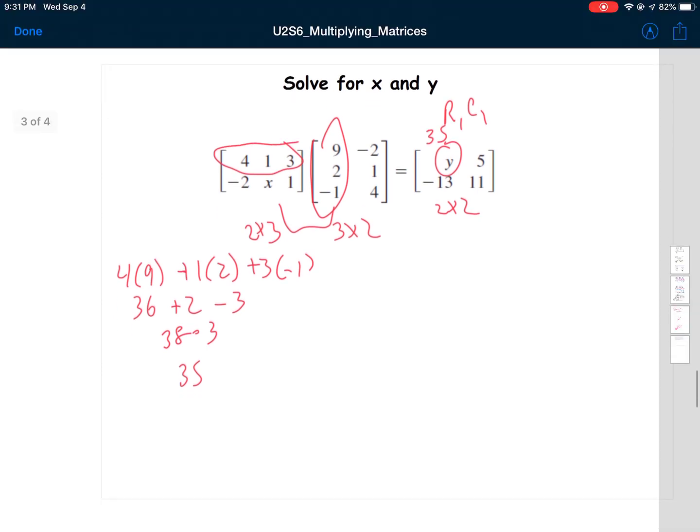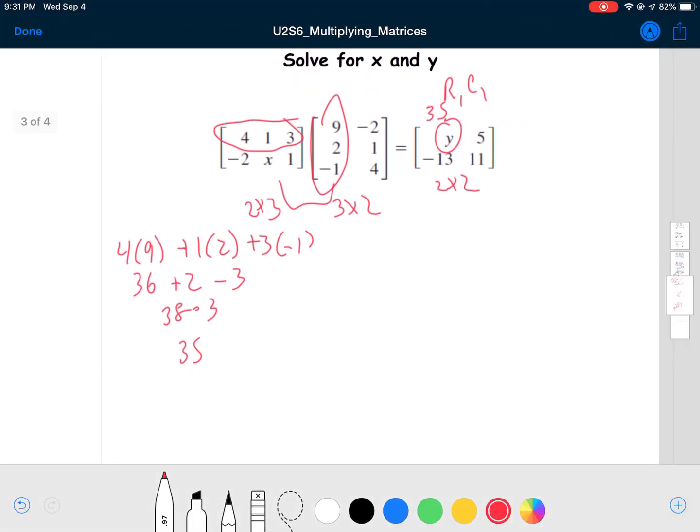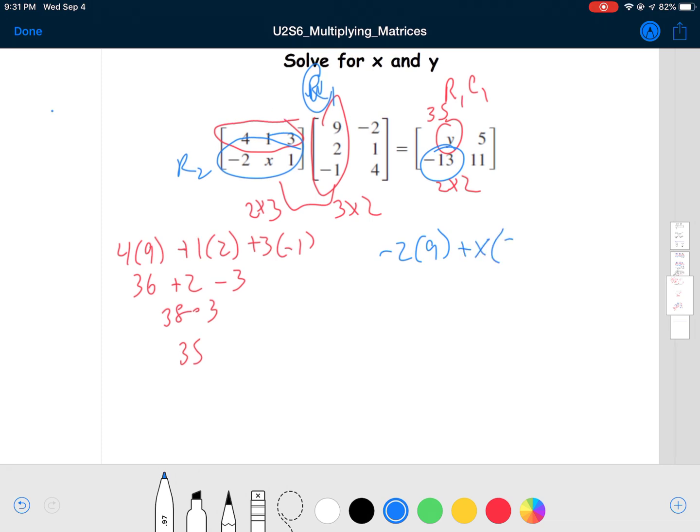Okay. If I want to find x, a number of different ways, but I think of it this way. This is in row 2, and this is column 1. So what I'll do is I'll take the answer that was in row 2, column 1. So that's negative 13. So I'm going to do the same work, negative 2 times 9. I'll put that x where I normally would put the number, x times 2. And then 1 times negative 1.